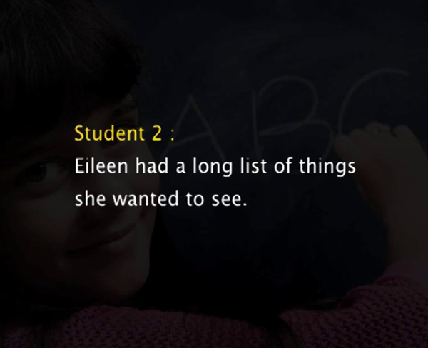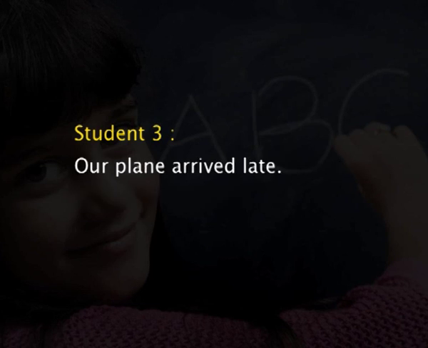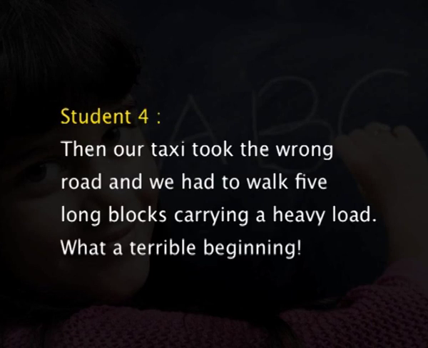Eileen had a long list of things she wanted to see. The third student: our plane arrived late. Then the last student: then our taxi took the wrong road and we had to walk 5 long blocks carrying a heavy load. What a terrific beginning.